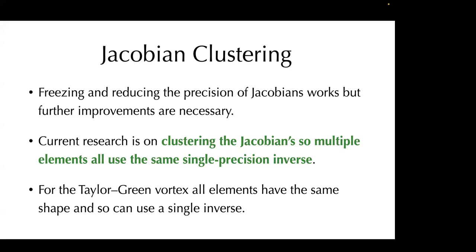In effect, your preconditioning operation goes from a matrix-vector product to a matrix-matrix multiplication, and so you save both memory and memory bandwidth. I'm going to show a preliminary example of this for the Taylor-Green vortex, since in that case, as it's a nice structured grid, all elements have exactly the same shape. And so what we're going to do is give every single element in that domain the same preconditioning matrix.